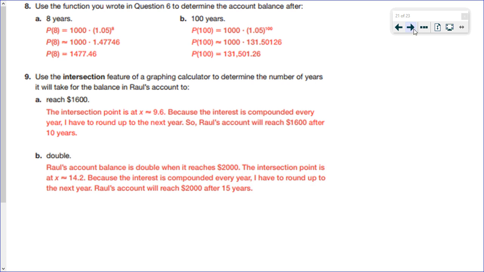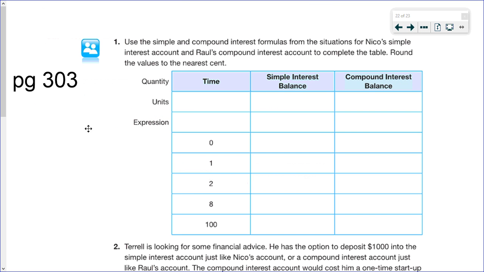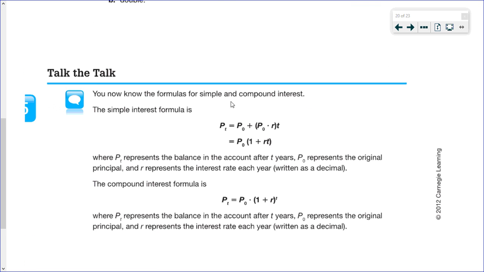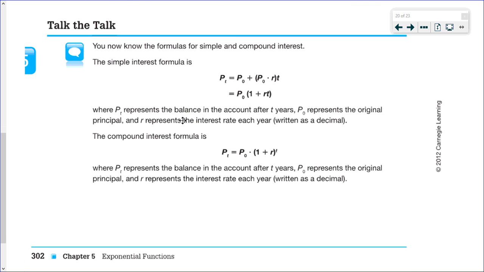All right, so that was to help you get going on your homework. At the bottom of page 302, it reminds you of the formulas.